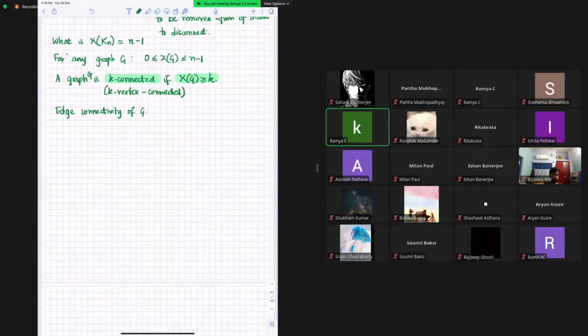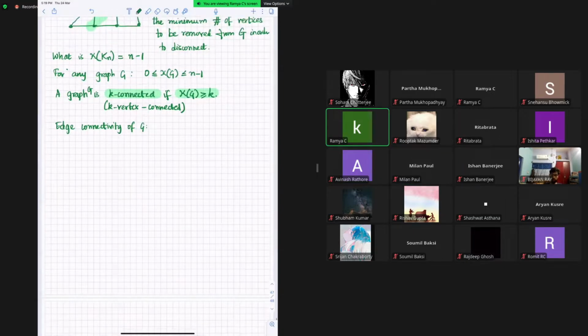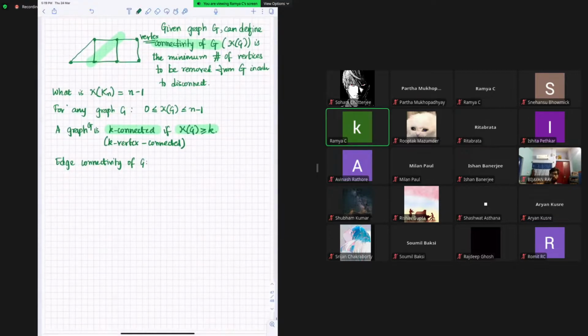What should the definition be? Given that we know what vertex connectivity is. This is the minimum number of vertices you have to remove in order to disconnect the graph. Now what should this definition be?